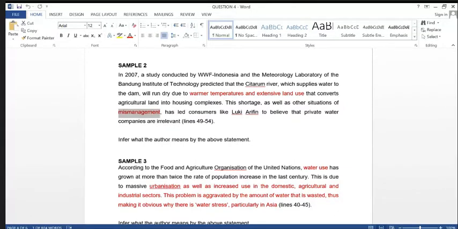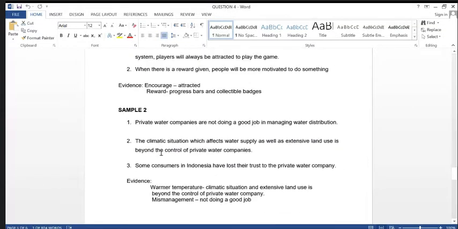If I want to relate it again to the second issue, the private water company, I have to say that though there are issues of mismanaging, the climatic situation which affects water supply, as well as the extensive land use, two out of the three factors above, are actually beyond the control of the private water company.